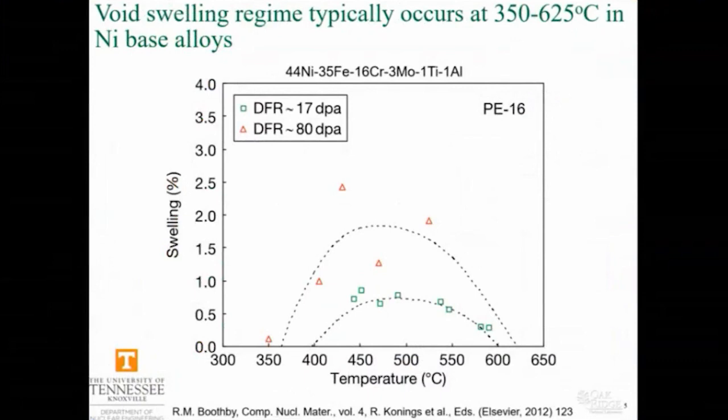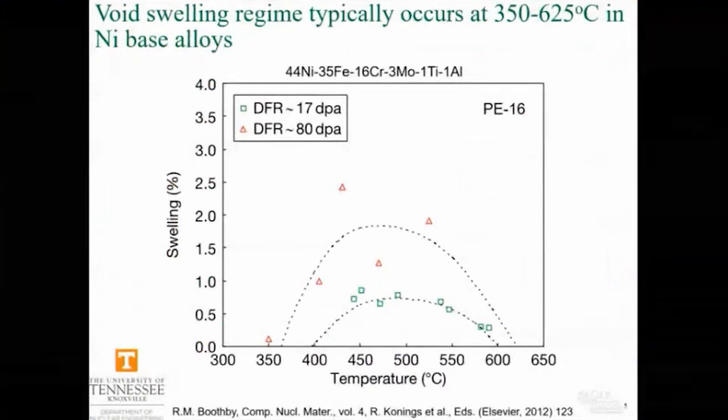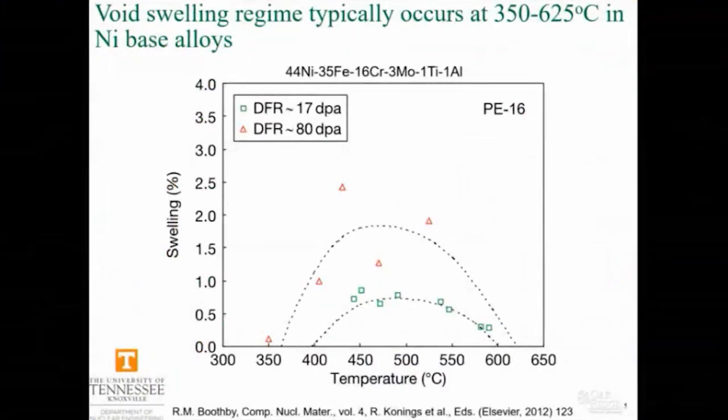Here's a PE16 nickel-based alloy, looking at its volumetric changes, swelling, as a function of irradiation temperature, and for 2 different doses in a fast reactor, going up to 80 dPa, which is well beyond what's considered for the designs that I'm aware of for the various molten salt reactor concepts. It's also got some 20 dPa data. So at 20 dPa, you might get 1% change. You get that much just by going from room temperature up to the operating temperature.